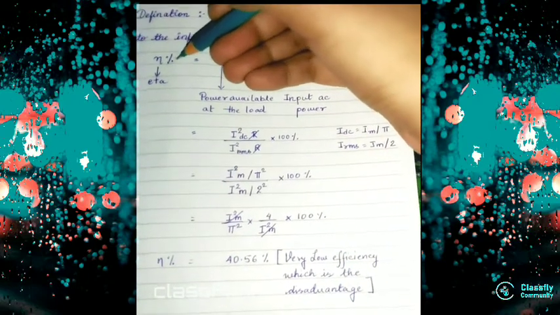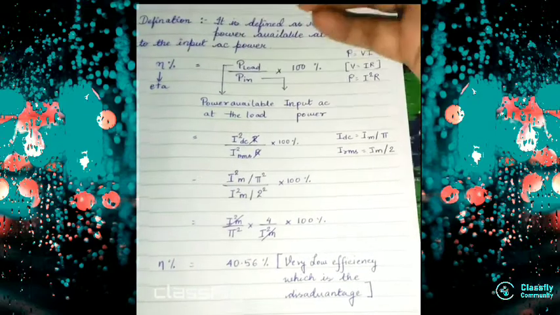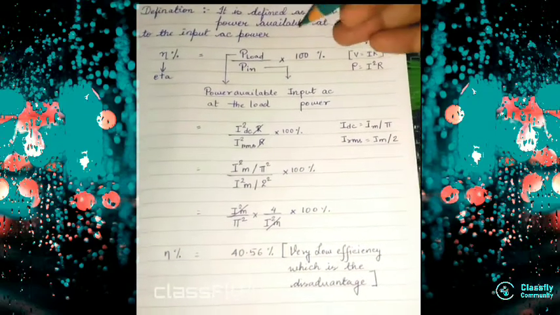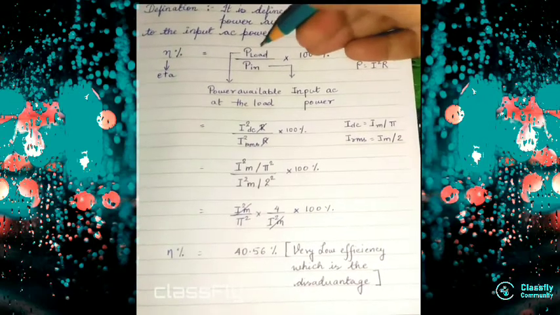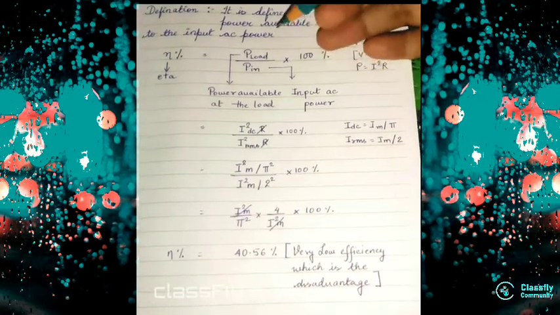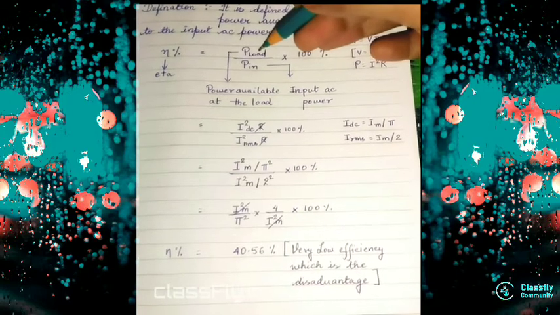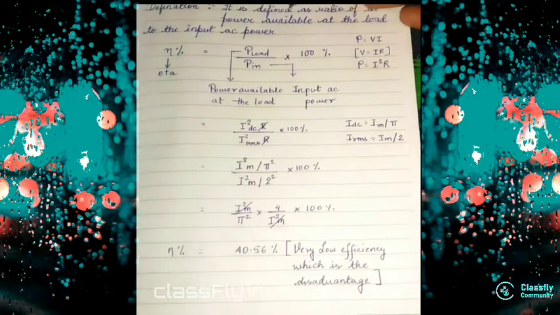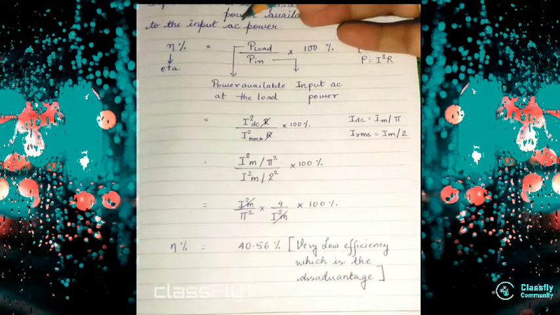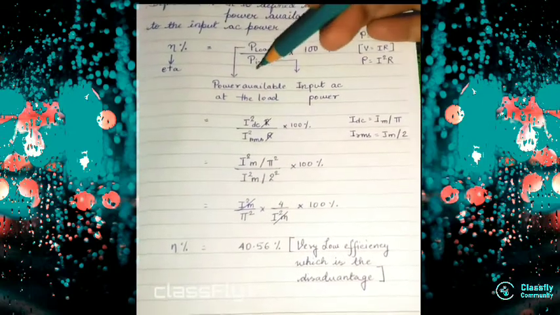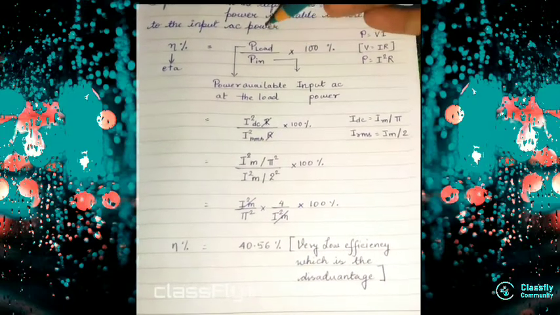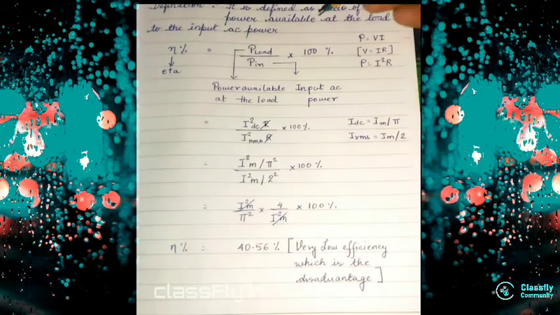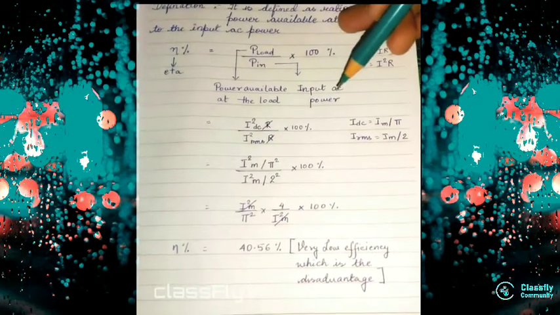It is the ratio of P load by P in, where P load is the DC power available at the load and P in is the input AC power.